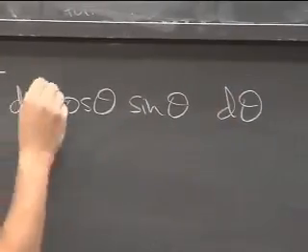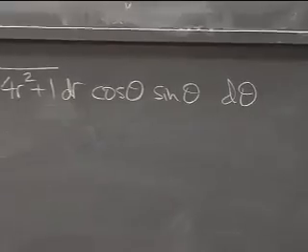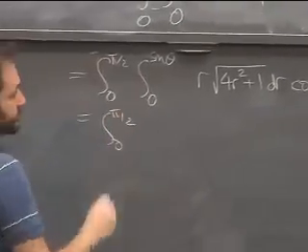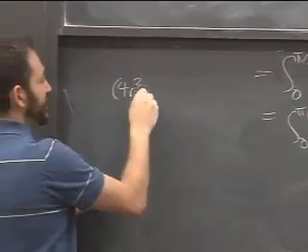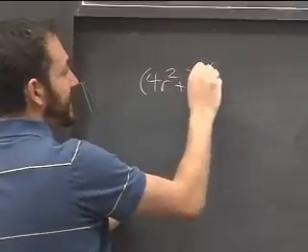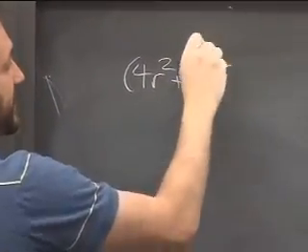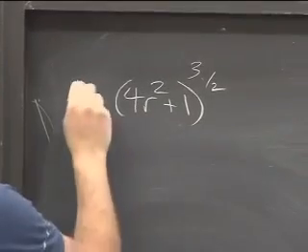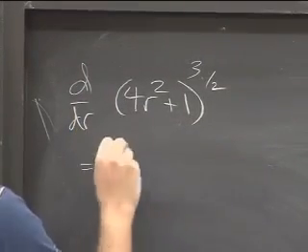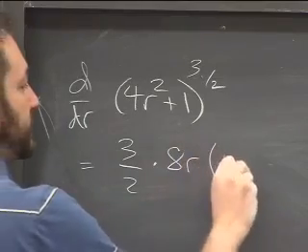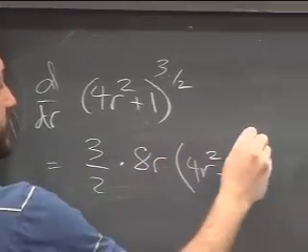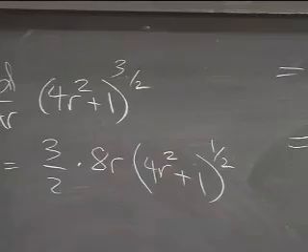But we'll do the dr part first. And so this integral is not so bad. 4r squared plus 1 to the power of half. Well, if I did 3 halves and differentiate, I get 3 halves times 8r times 4r squared plus 1 to the power 1 half.